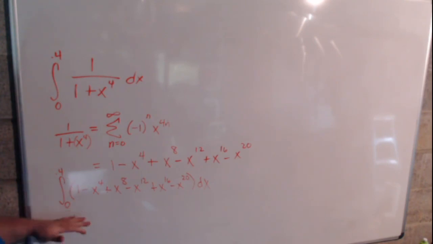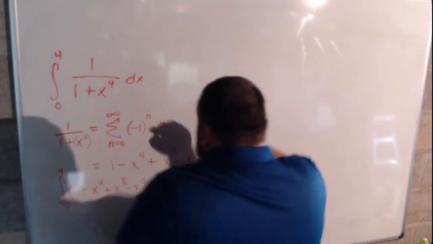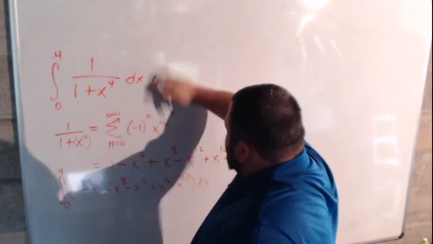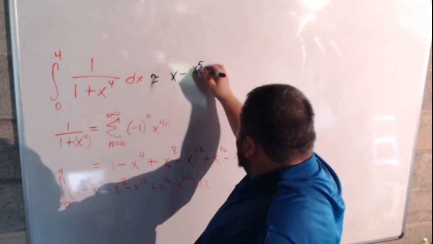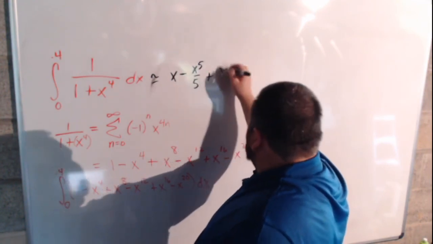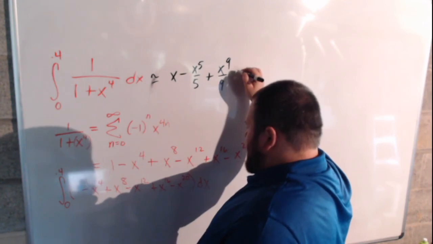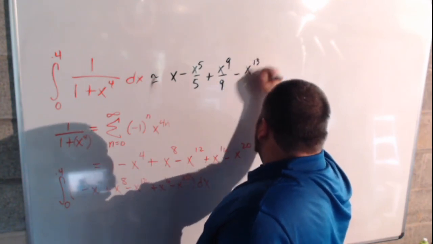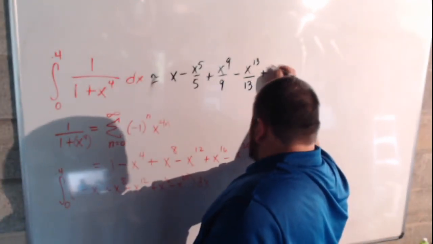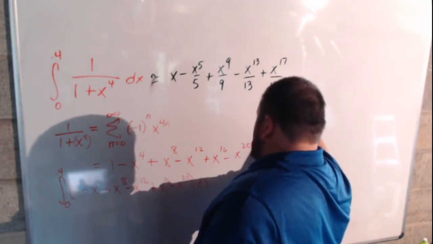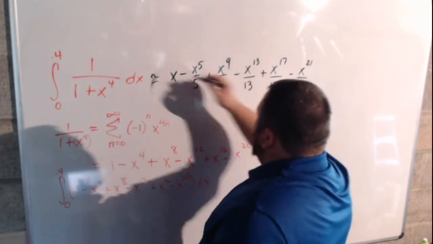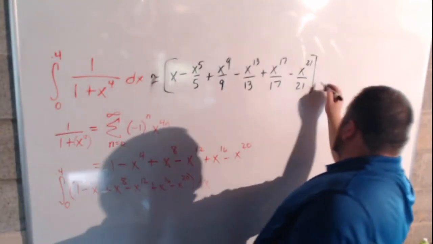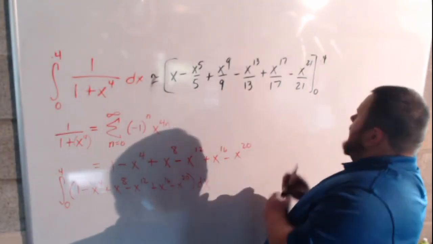So, if I integrate this, then I get, as an approximation, x minus x to the 5th over 5 plus x to the 9th over 9 and so on. And this is all evaluated from 0 to 0.4.